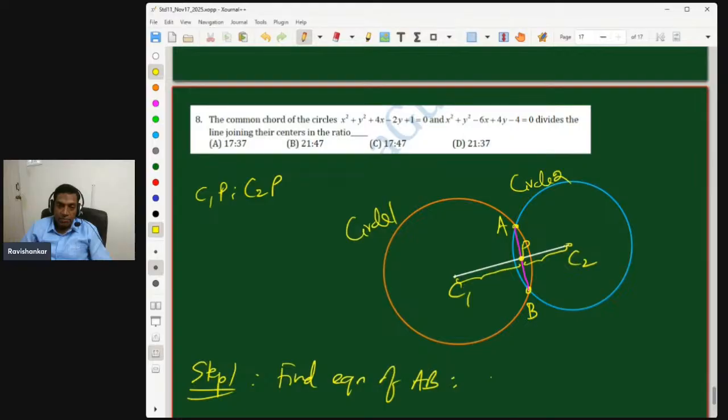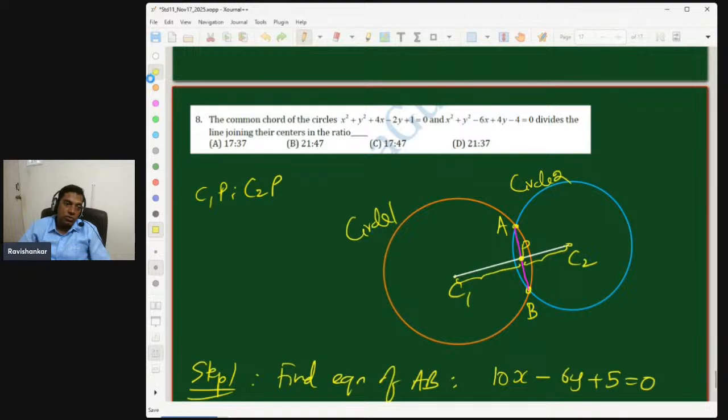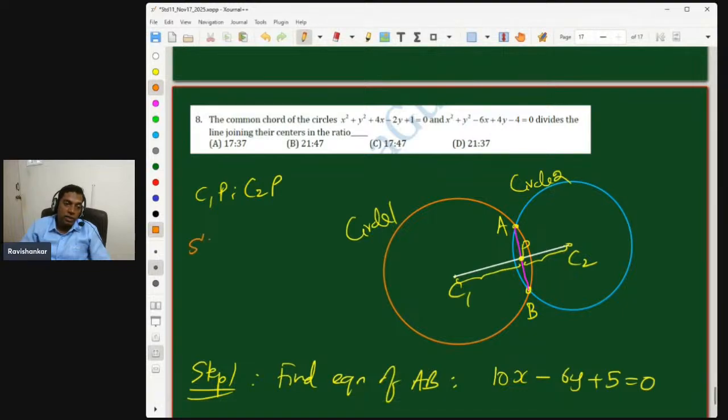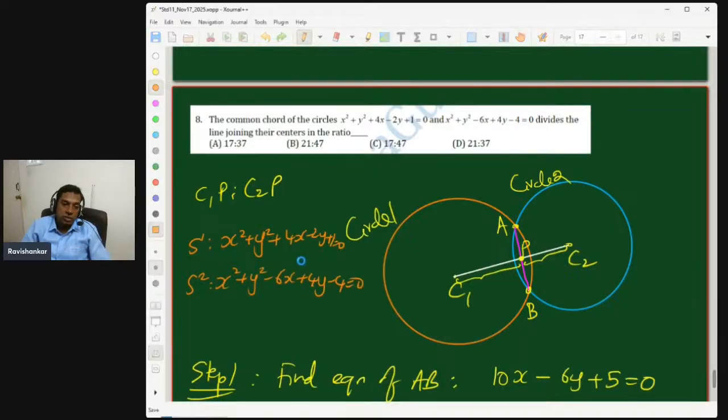Okay, and that happens to be 10x minus 6y plus 5 equals 0. You're simply doing S1 minus S2.